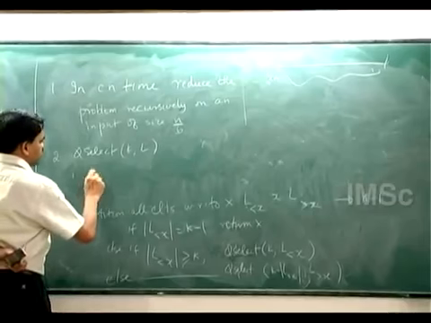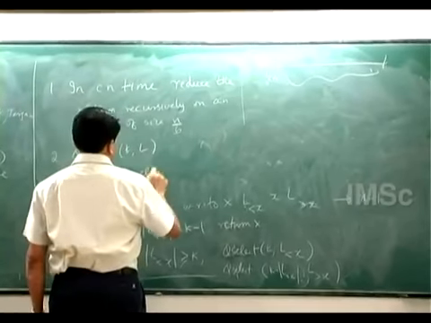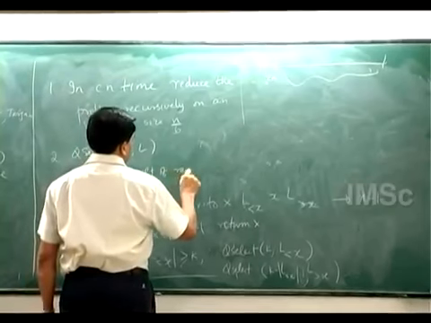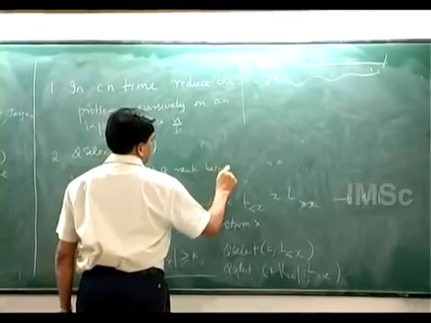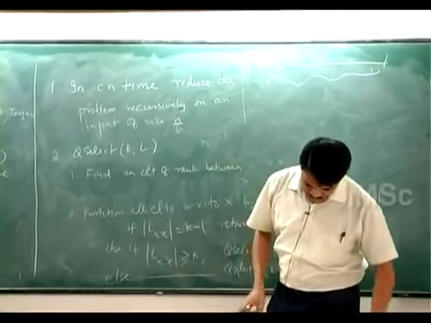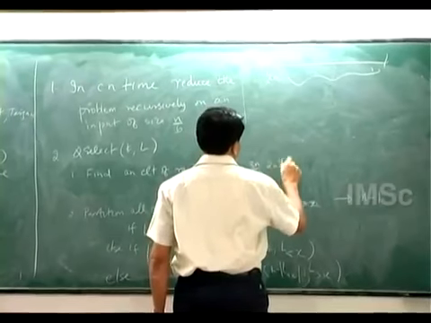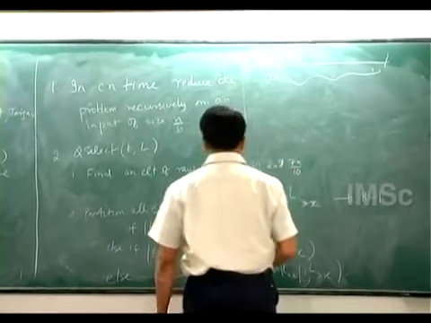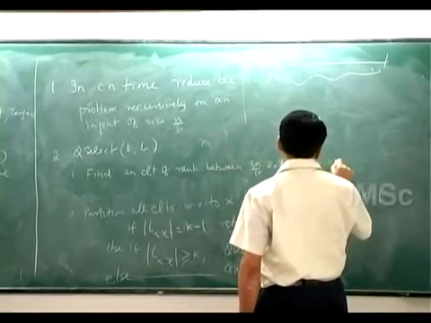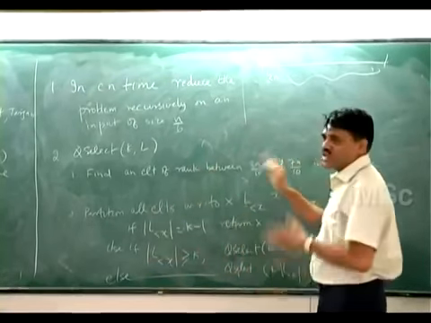What I want is to find an element of rank between 3n by 10 and 7n by 10 in some Cn time. I mean, I could just use any fraction here for that matter.